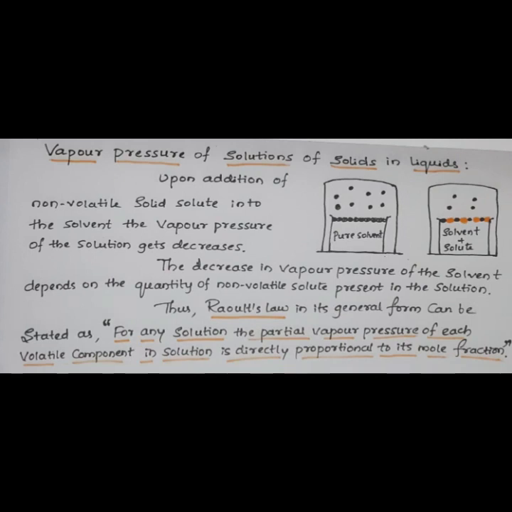But if a non-volatile solid solute is present in the solvent, what happens to the vapor pressure of such solutions? Here it can be explained by first taking the pure solvent.